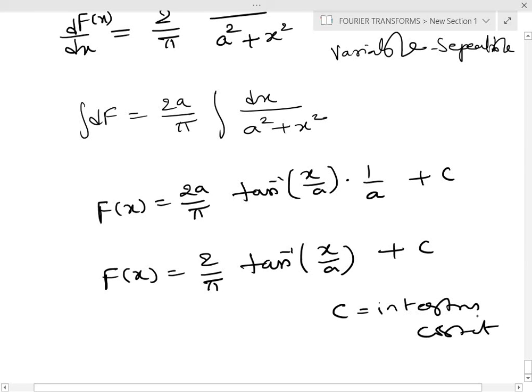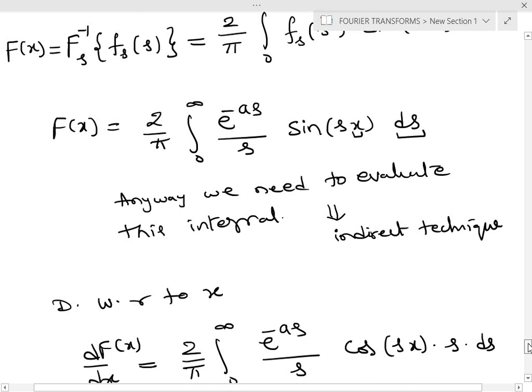That will come to know whenever we have some boundary condition. So let us see, here we will get some information from f of x. What will happen when I put x is equal to 0?